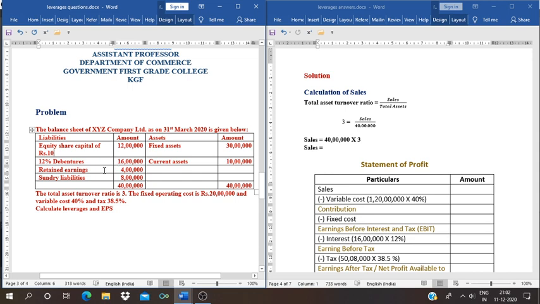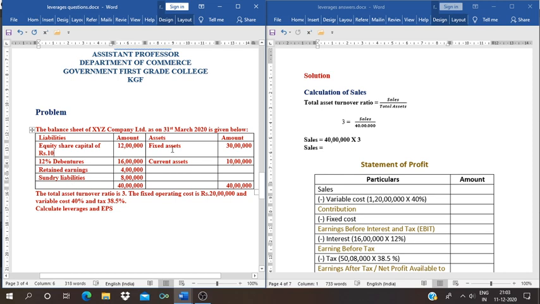Retained earnings 4 lakhs. Sundry liabilities 8 lakhs. The total liabilities is 40 lakhs and also total assets is 40 lakhs. Then asset side, fixed assets 30 lakhs and current assets 10 lakhs.